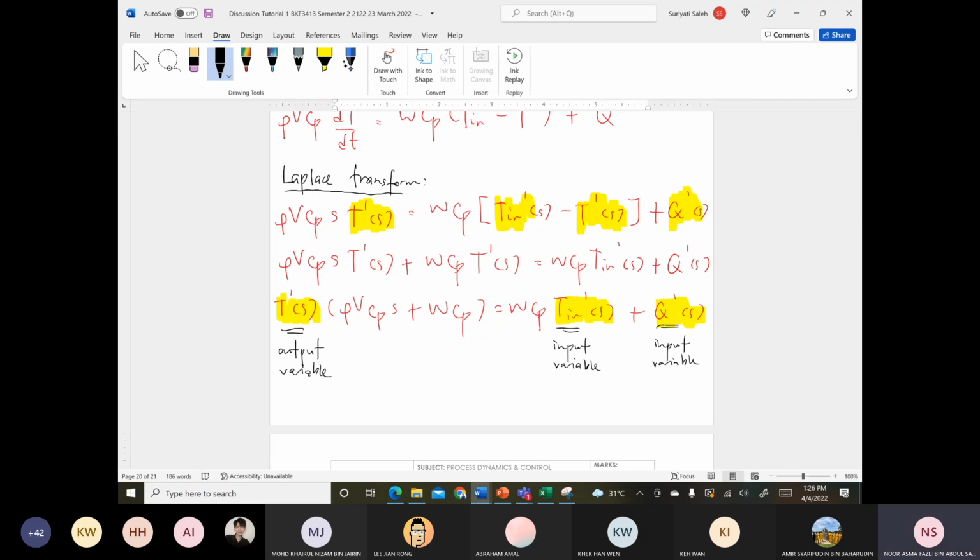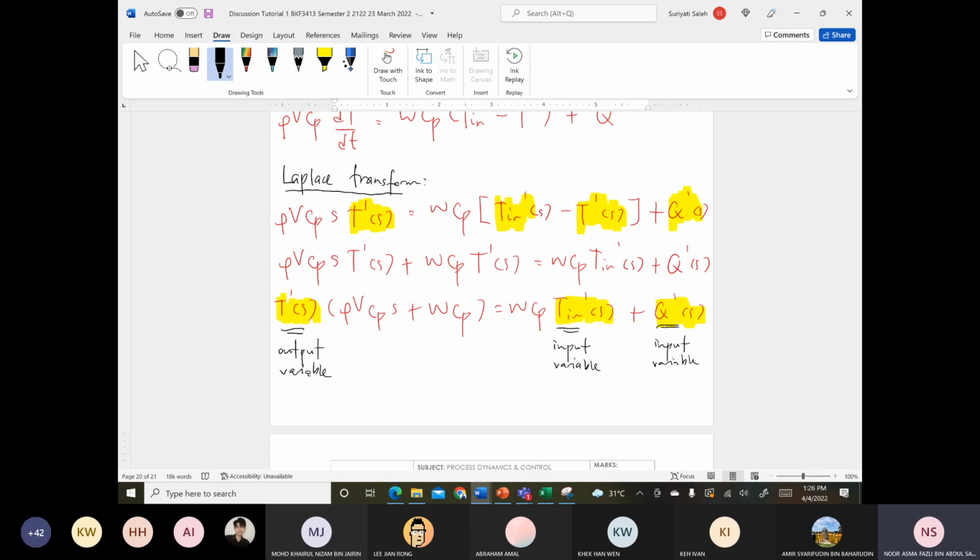So based on this, you have one output but two inputs. Normally for a transfer function, you have one output, one input. But in this case, you have one output, two inputs.